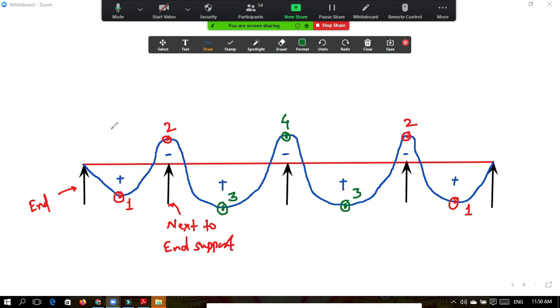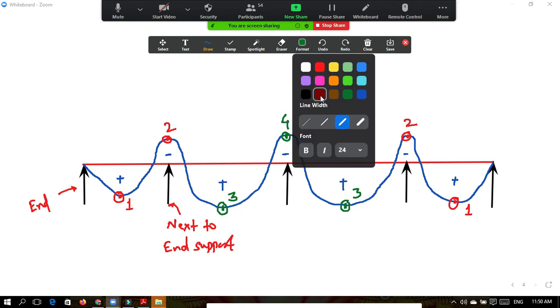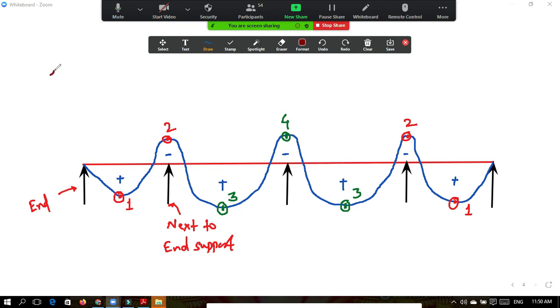So for point 1, I will write down here what they call it. Point 1 is nothing but the middle of the end span.